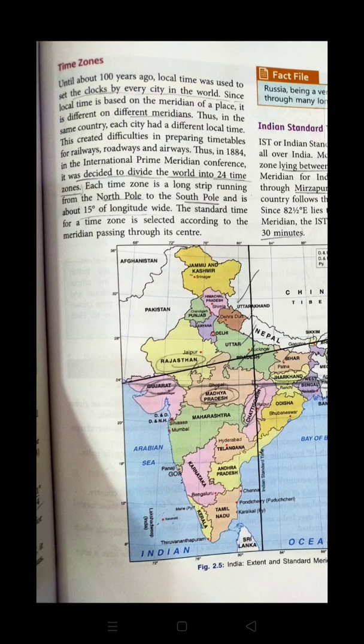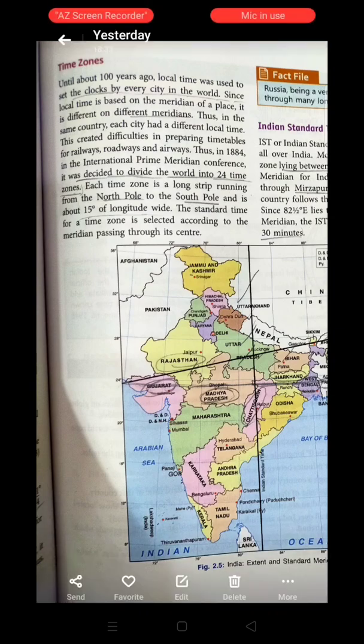Thus in 1884, at the International Prime Meridian Conference, it was decided to divide the world into 24 time zones. Each time zone is a long strip running from the North Pole to the South Pole, about 15 degrees of longitude wide.